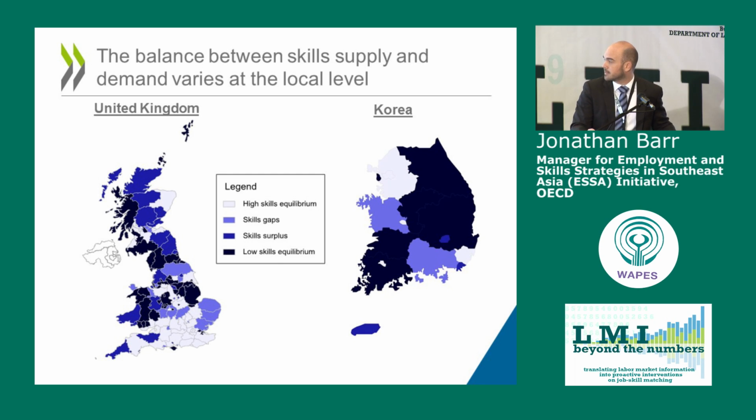Whereas those in the South, and you see particularly surrounding the London region, are more likely to be in a high skill equilibrium. And that makes sense from an economic standpoint as well. We know London's a major international city. But these sorts of analyses can guide local policymakers and public employment services in developing their strategies.